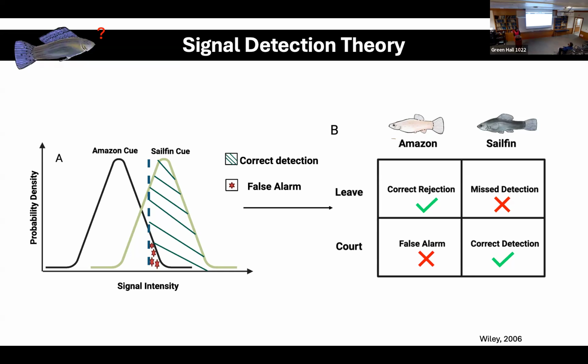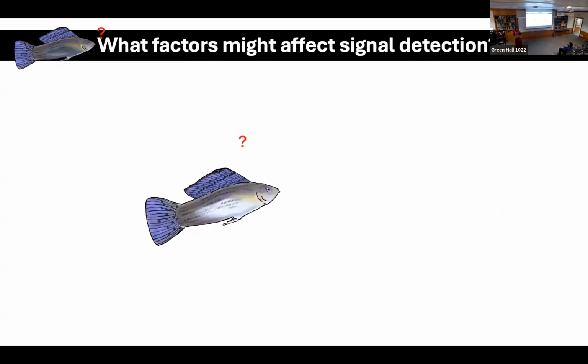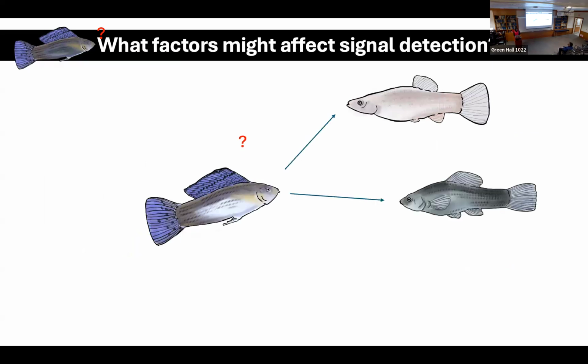But does the male always choose the same way, or are there things in his environment that could affect male choice? And maybe there are. Maybe the developmental experience that the male has, what kind of fish he grew up with, can affect his ability to tell apart these two females.